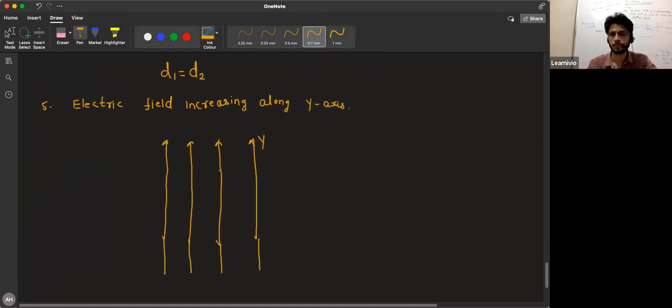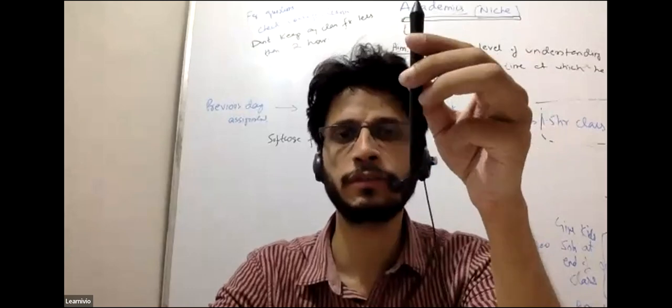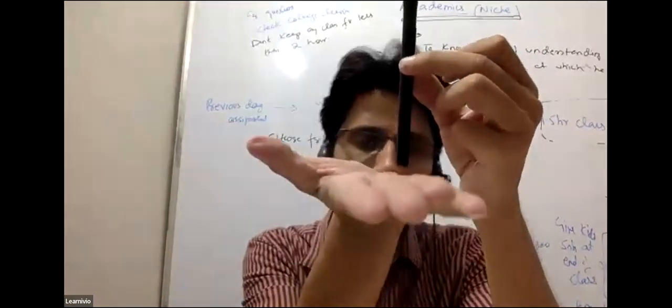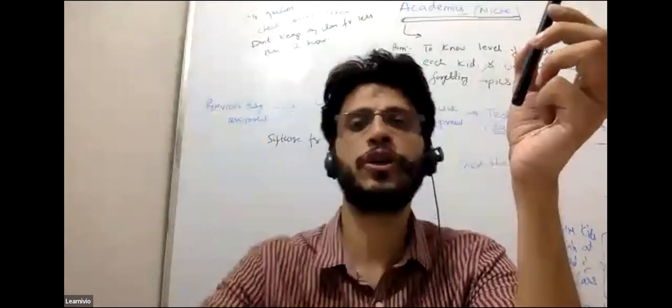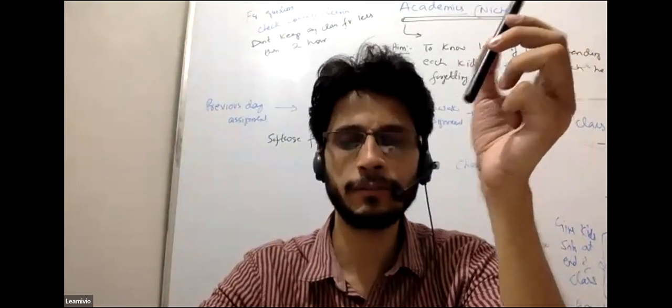The xz plane, right? Because surfaces are perpendicular to the field. See, this is the y-axis, and the plane which is perpendicular to the y-axis is this, the xz plane. So the equipotential surfaces are in the xz plane.